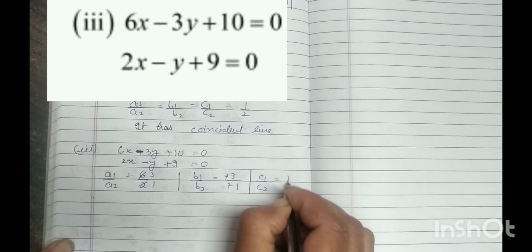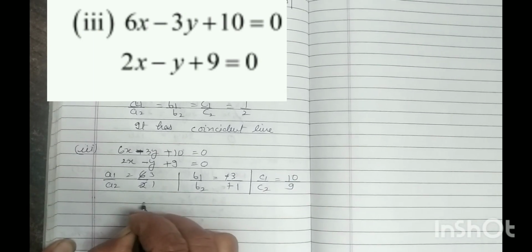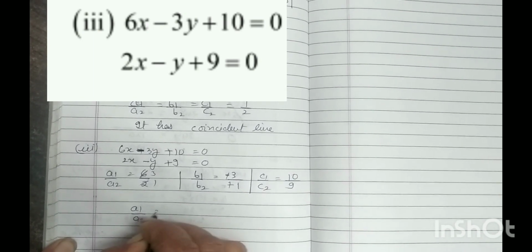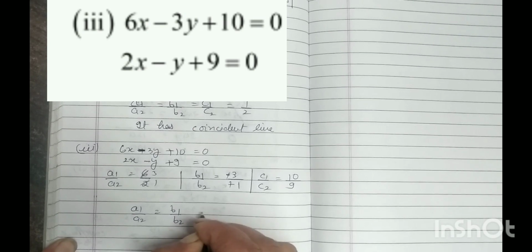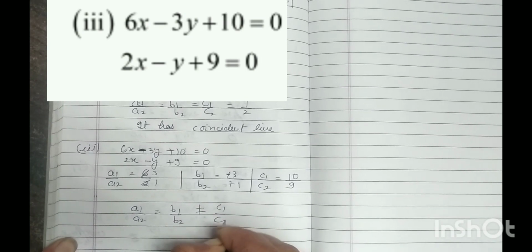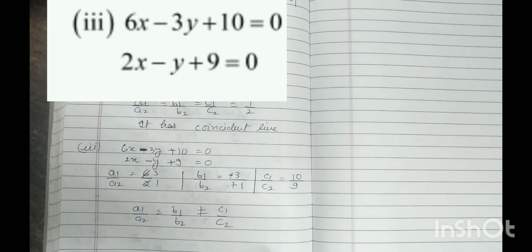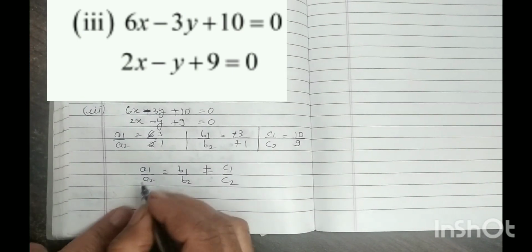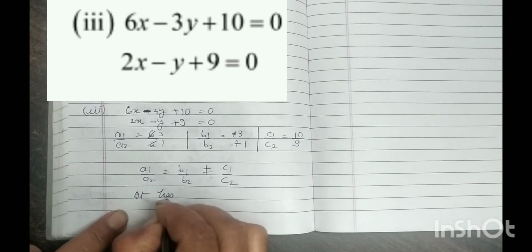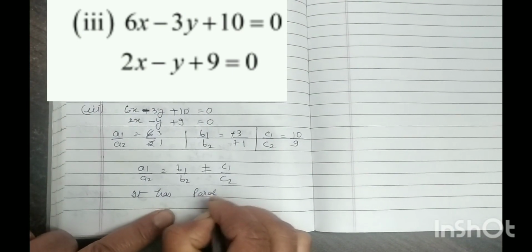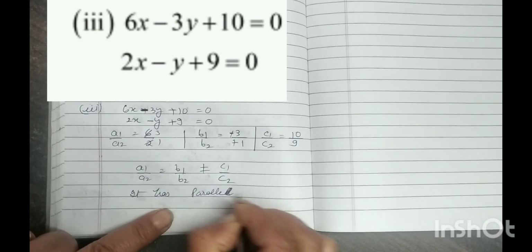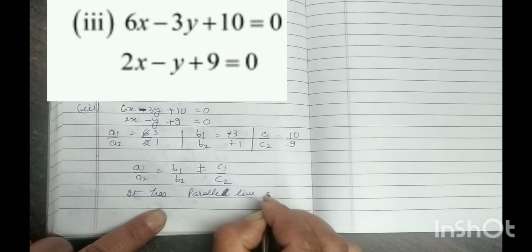C1/C2 equals 10/9. Here A1/A2 equals B1/B2 but not equal to C1/C2. So it has parallel lines in a graph. Next question.